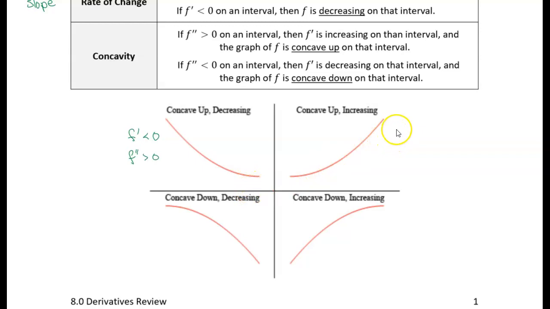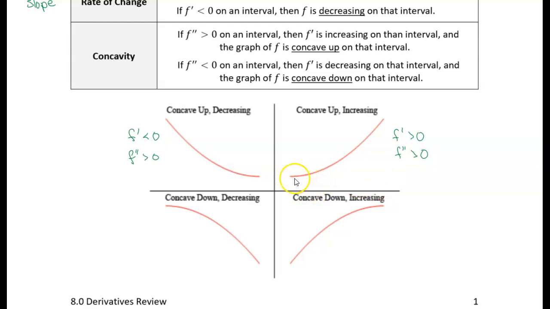As opposed to over here, we have a positive slope, right? So it's an increasing function, and the derivative is greater than 0. And in here also, the second derivative is greater than 0. Both these cases on the top here are cases of concave up functions, but you can see here the slope is increasing in the positive direction, right?